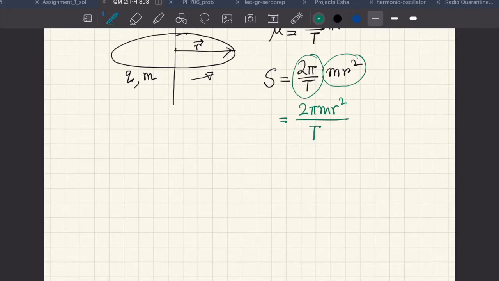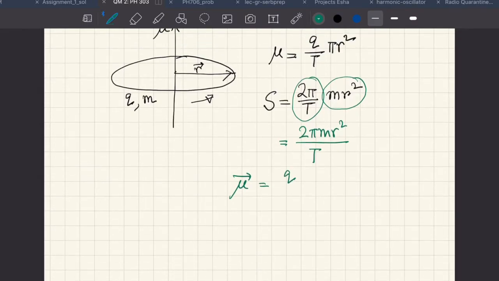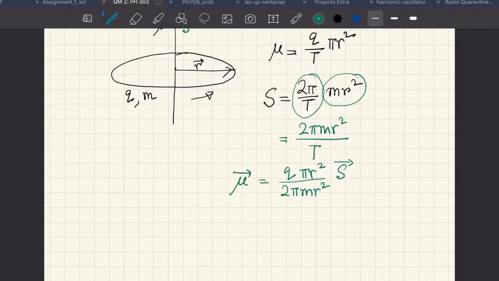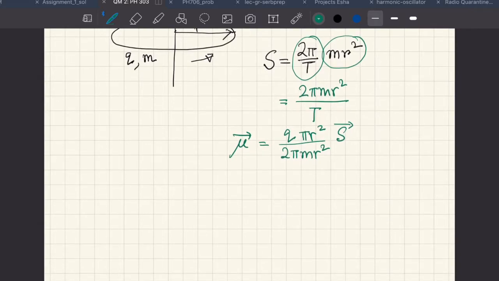and therefore mu, the magnetic dipole moment, which we had written as Q into pi r square divided by T, but this capital T is now 2 pi m r square by S. So S is also in this direction. So r square gets cancelled, pi gets cancelled.